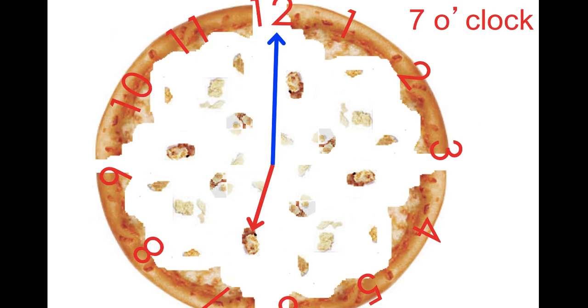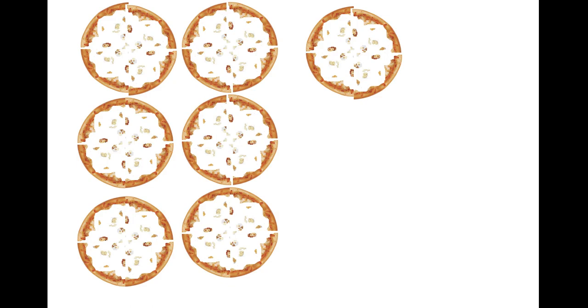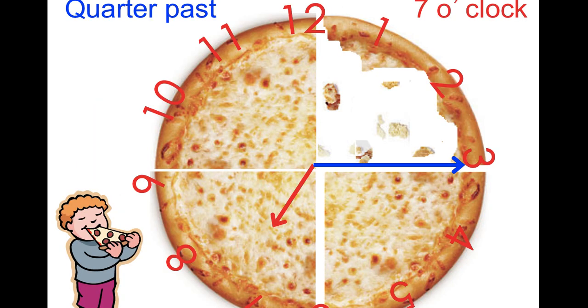Now it's 7 o'clock. We have 7 pizzas eaten. At 7:15, we have quarter past 7. Remember, in each quarter, there's 15 minutes. So 1/4 has passed by, 15 minutes has passed by. So we would say quarter past 7.